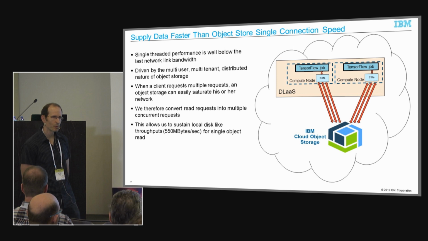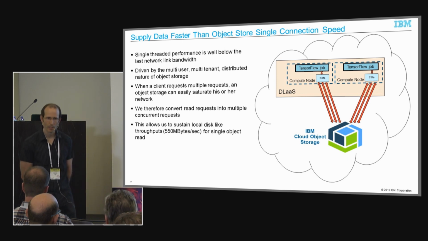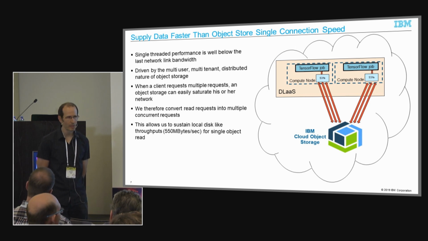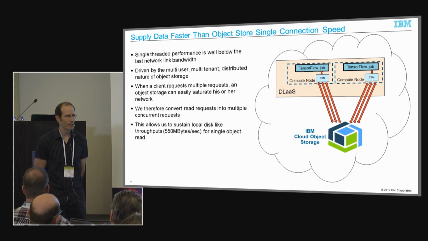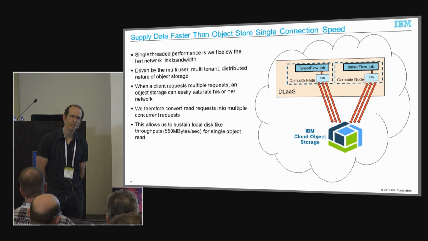But the object storage itself can very easily saturate your network bandwidth if you use it correctly. You can think of object storage, especially on the cloud, as an infinite amount of storage using, from your point of view, an infinite number of disks. It supports extremely high concurrency. So really all you need to do in order to saturate your network is run multiple connections.